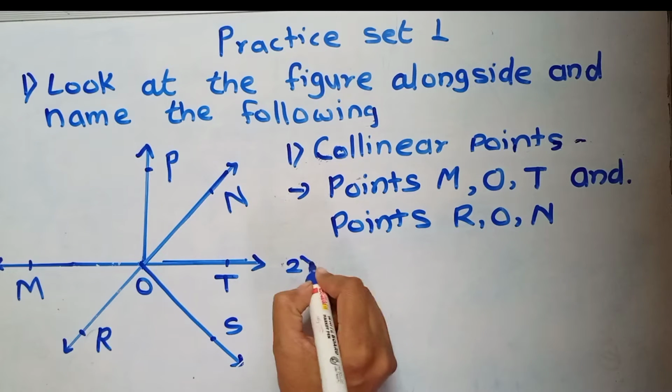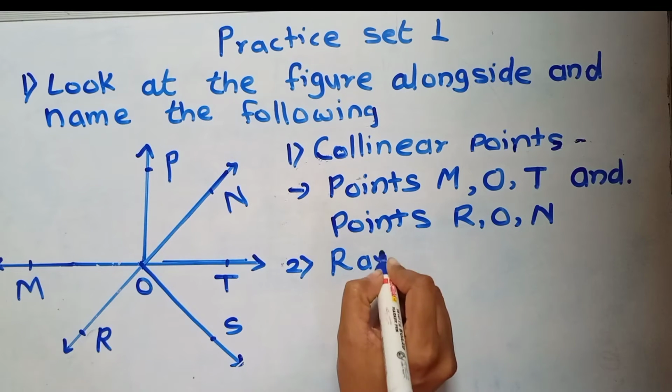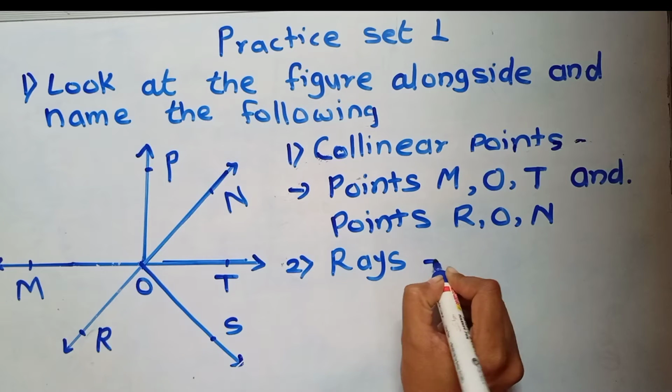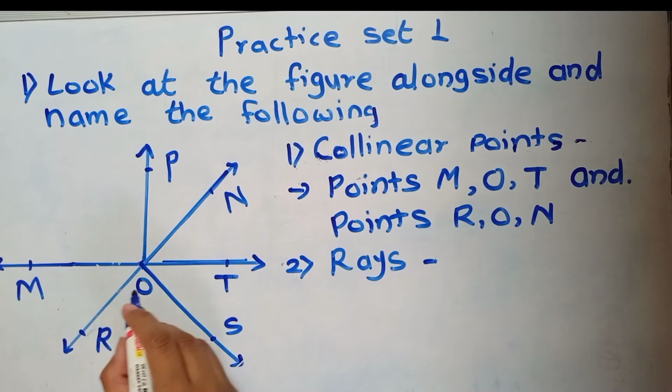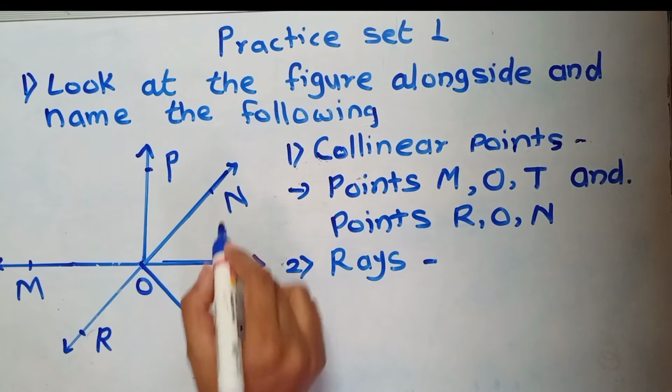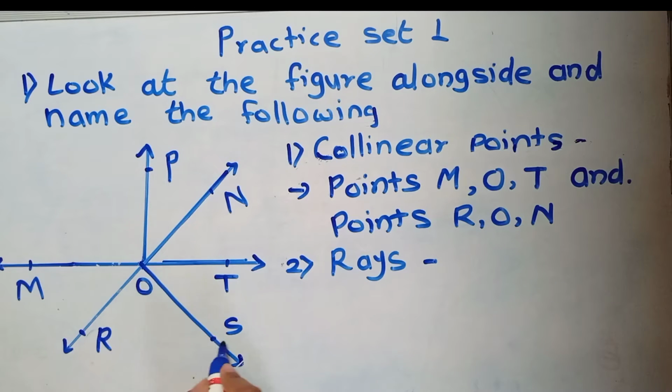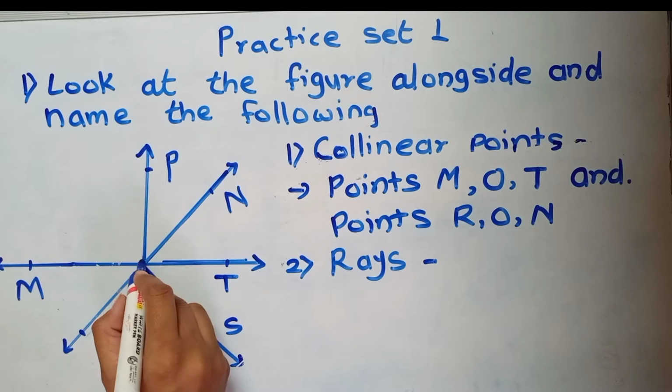Okay, let's solve rays. Which are the rays in this figure? Ray ON, ray OT, ray OS, ray OR, ray OM.